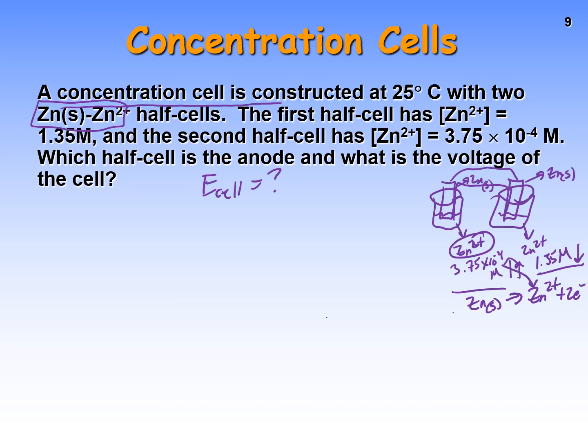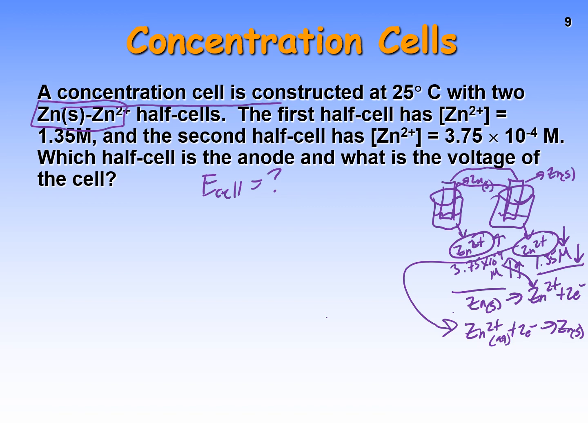At the same time, if we want this one to decrease, then something else is happening over here. We have Zn2+ aqueous plus 2 electrons going to Zn solid. This reaction will decrease that concentration.